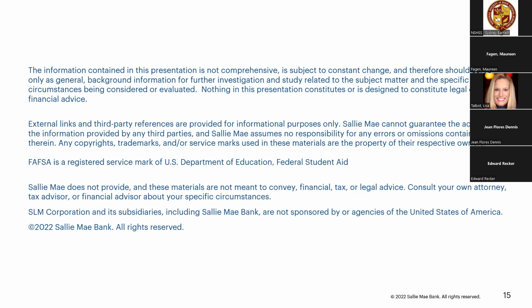Great. Okay. Talking a little bit about the FAFSA and the FSA IDs in the beginning, I know you touched on that. Can you talk a little bit about the parent needing one and then the student also needing one and how that all works?